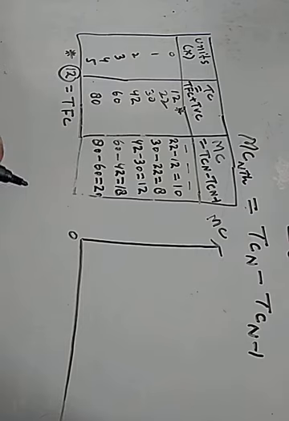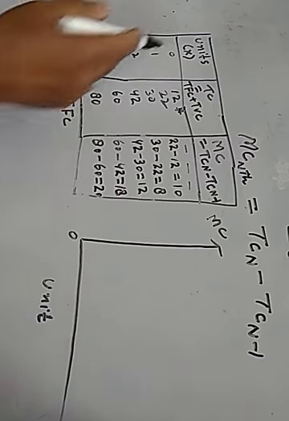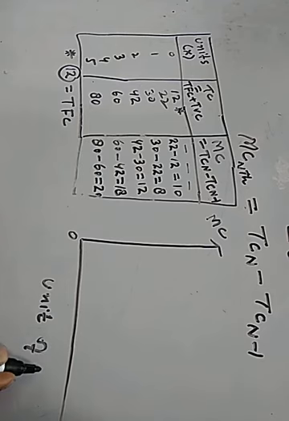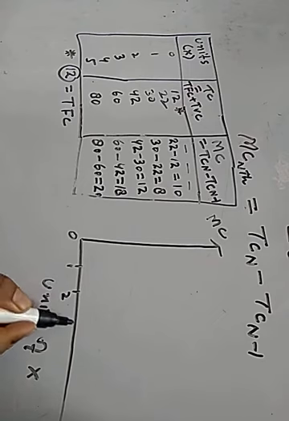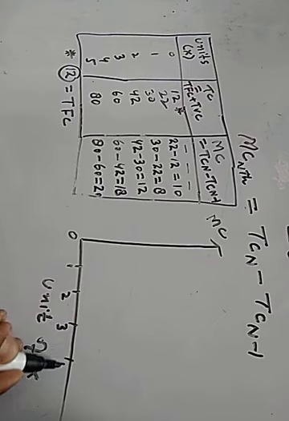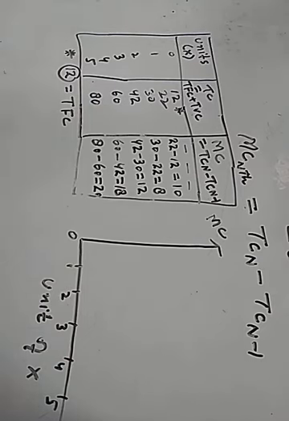And on the horizontal axis, or x-axis, we take the units of commodity X produced, which are 0, 1, 2, 3, 4 and 5. And the value of marginal cost, the lowest one is 10 and the highest one is 20.